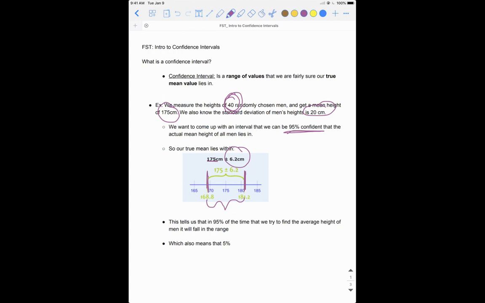And so again, this tells us that 95% of the time, if we try to find our average height, it'll fall within that range. But it also means, if you're 95% confident, that you're 5% not confident.